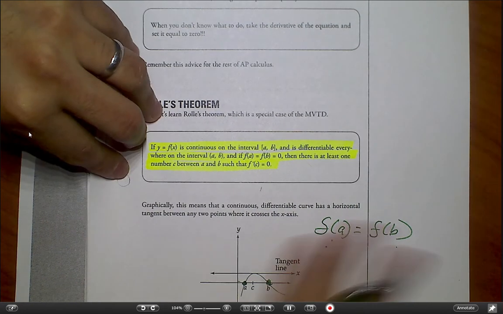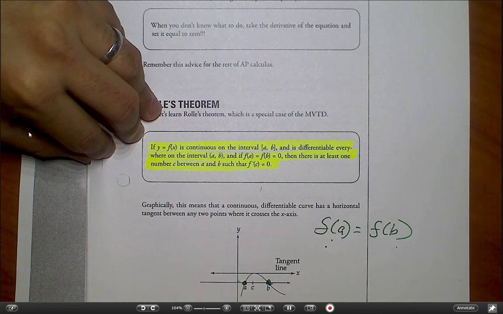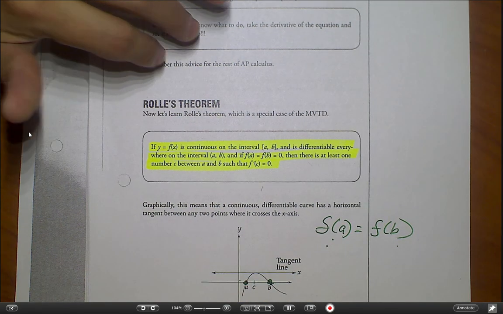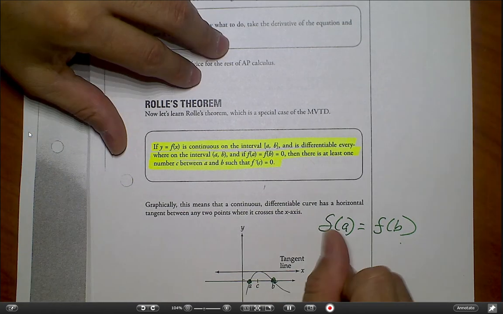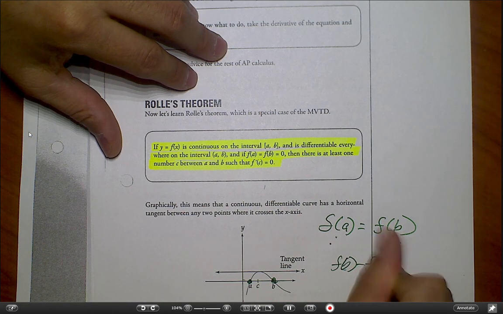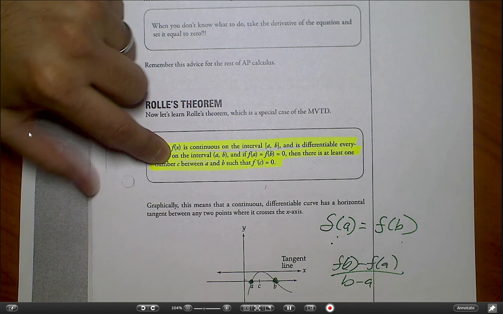All right, does that make sense or no? Questions over that? So all you're going to do is find the slope. For Rolle's theorem and mean value theorem, the slope formula is f of b minus f of a over b minus a. For Rolle's theorem, this gives me 0.